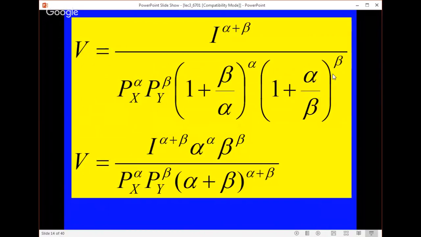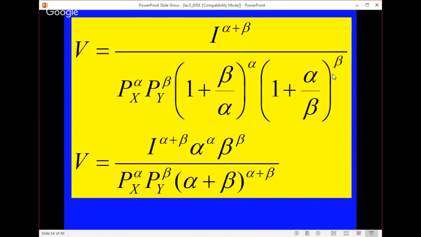And here I have alpha, oops, I got the numerator. So here I have alpha in the denominator. I'm going to bring it up to the numerator. And here I have beta on the bottom of the denominator, and we'll bring it up to the numerator.